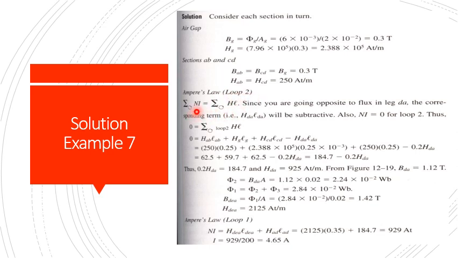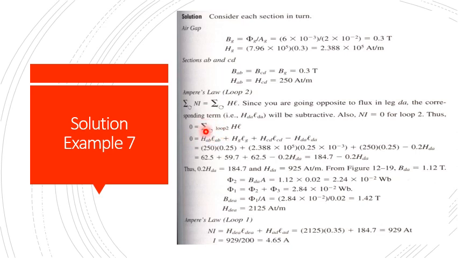Summation of Ni equal to summation of Hl. For this loop 2, there is no Ni, meaning no injection current and coil here, so Ni equal to 0.